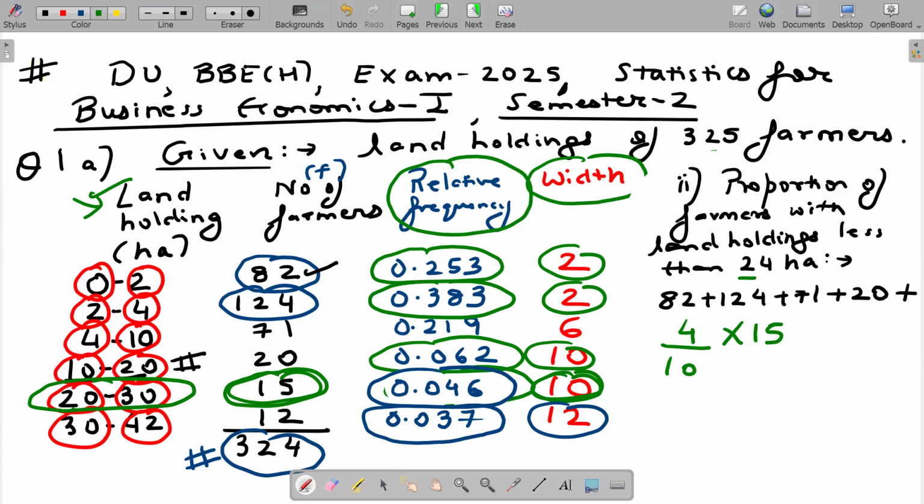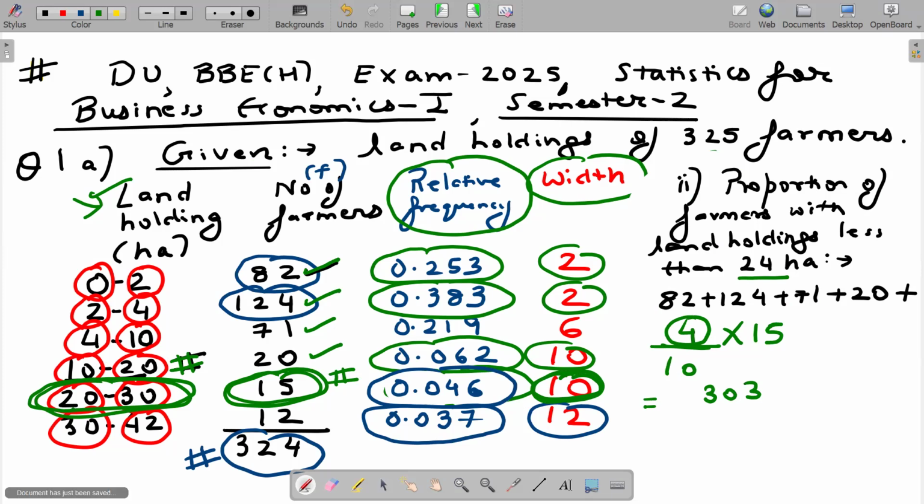Less than 24 means I will go till 20 for sure, so 82 plus 124 plus 71 plus 20. 24 lies between 20 and 30, so from 20 to 24 we have 4, divided over the class size 10, times the frequency here, which is 50. If I calculate this, it comes out as 303.